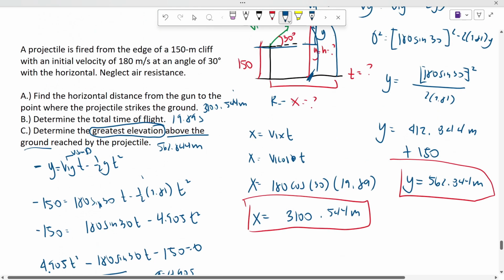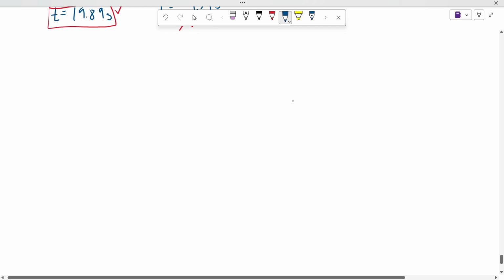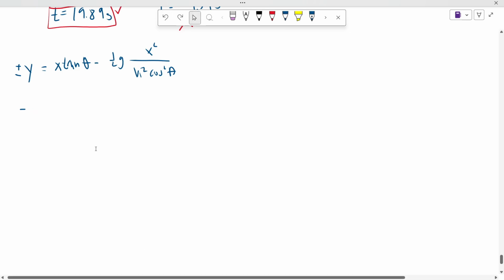So, game, guys. Solve na natin. Since the general formula, y positive, negative, is equals to x tangent of theta minus 1 half of g x squared over v_i squared cosine squared theta. Gets? Since the value of y is negative dapat kasi below the datum, equals to x.